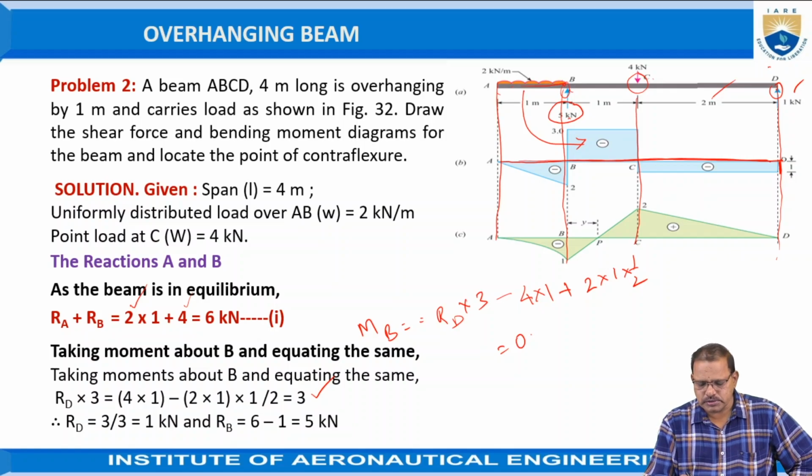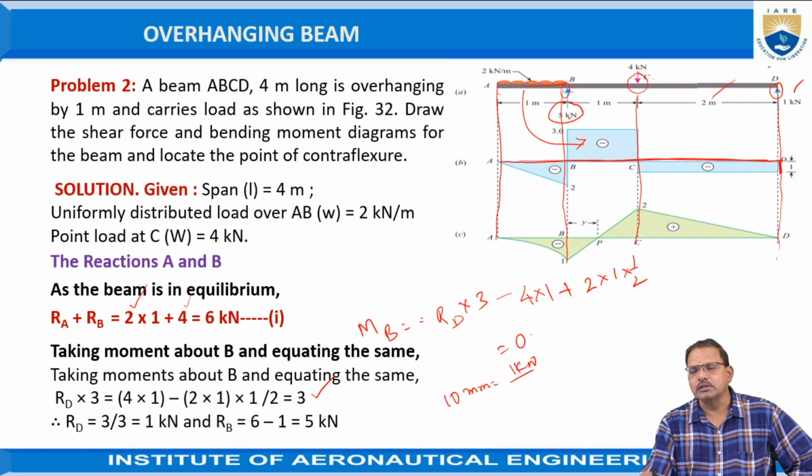Here I am taking 10 mm to represent 1 kilonewton. Since there is no force acting between D and C, it is treated as just a horizontal line up to this position.